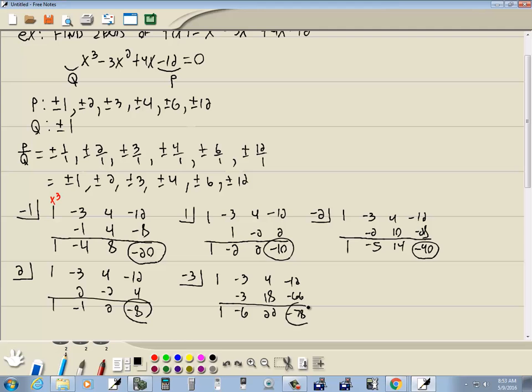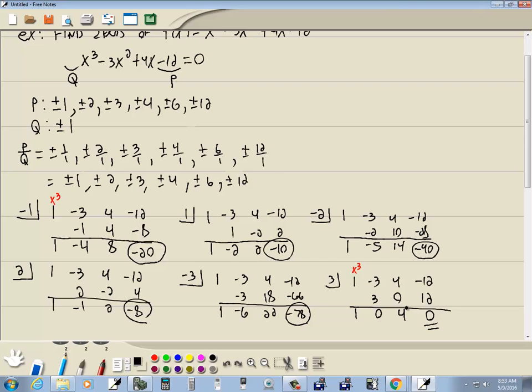Still don't have a 0 here. Let's go to positive 3. And remember, this is x to the third. So add, multiply, add, multiply, add, multiply, add.